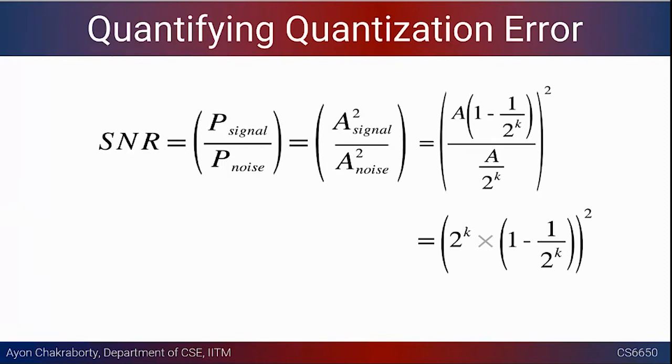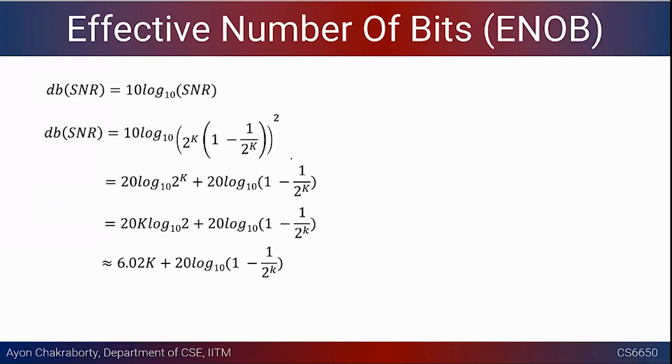Now normally this SNR value we have derived as a function of k, which is the number of bits. Please remember, this is the number of bits in the ADC. And a standard way to represent this value of SNR is using the decibel scale, which is nothing but 10 times the logarithm to the base 10 of the SNR.